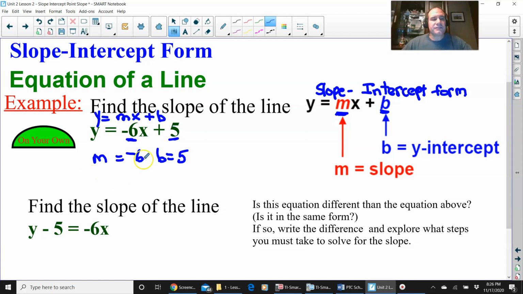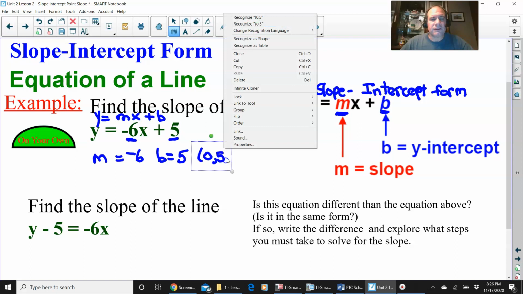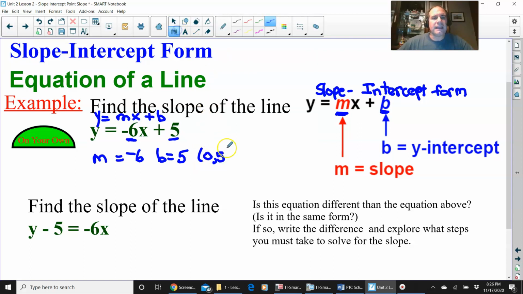So from this slope, you could tell that the line is going down from left to right since it is a negative slope. And it crosses on the y-axis at 5. (0, 5), by the way. (0, 5) is the coordinate that the y-intercept is at.